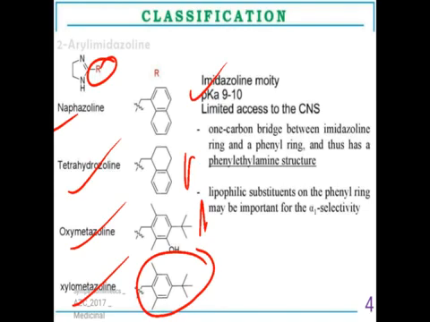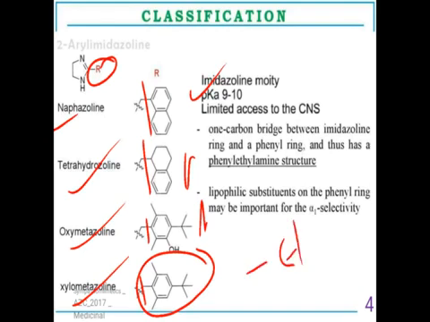All these structures are in your syllabus as alpha-1 agonists. When the imidazoline ring is present, it has a pKa value between 9 and 10 and has limited access to the CNS. Between these two rings, you can observe only a single carbon, a CH2 group.